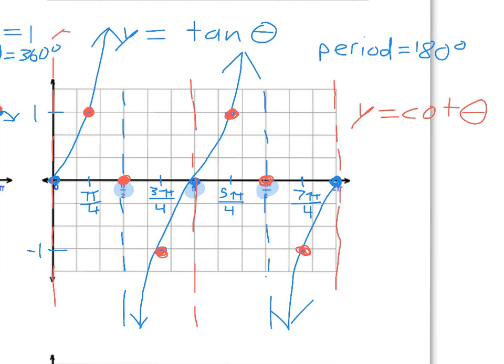This will start up and then go down. And we have 2 complete periods. Okay, so those are the parent graphs, and we'll review some more as we do some examples of the non-parent graphs.